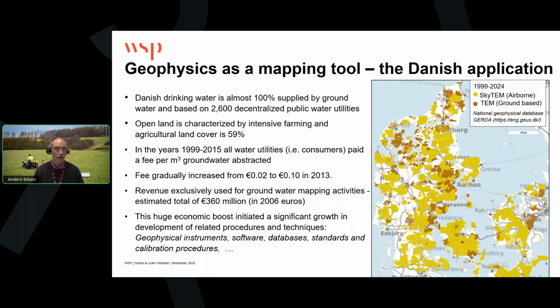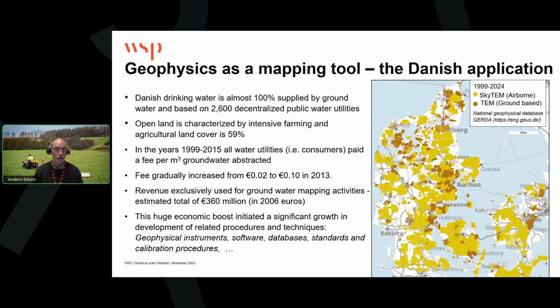So this huge economic boost into this industry, of course, generated not only very intensive groundwater mapping results, but also initiated a development of geophysical instruments, new software, and new databases in order to share the data among different participants in the process.